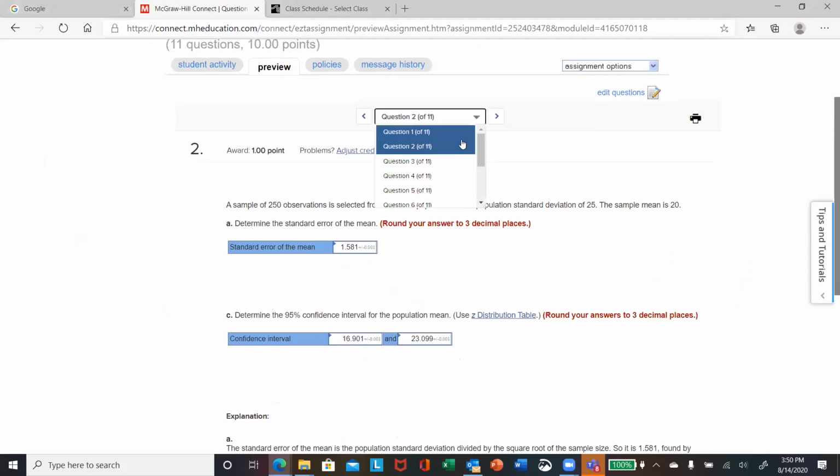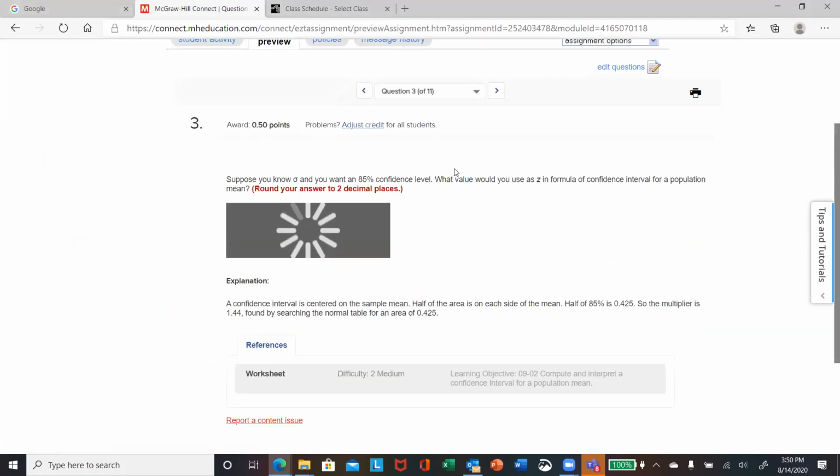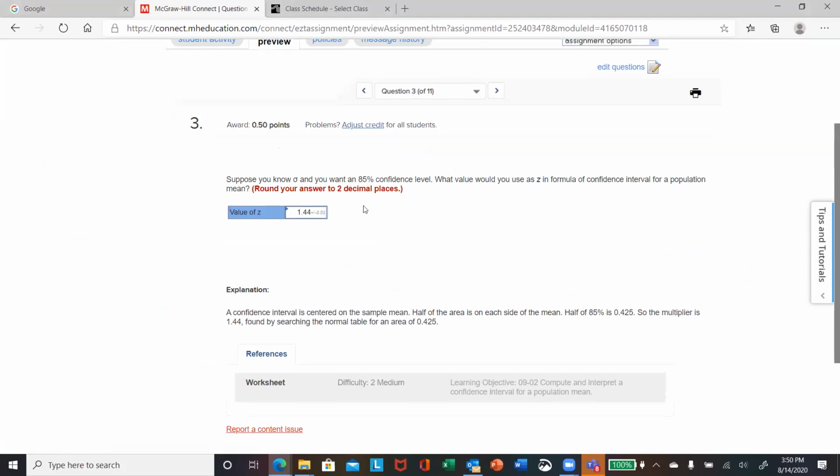All righty, let's check out number 3. On number 3, it's just a question to see if you know how to look up the z-value. They're saying, suppose you want 85% confidence using z, what would be your approximate z-value? And again, just to map this out, you would draw on your curve, and they're basically saying 85% is the middle, and you want to cut that in half.